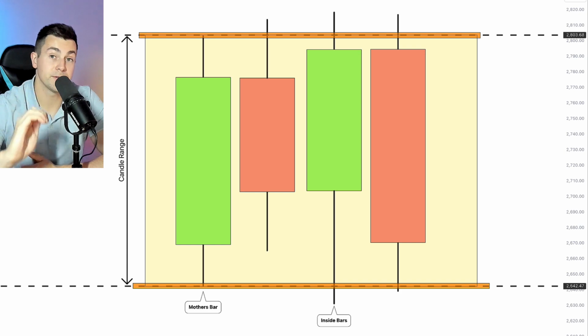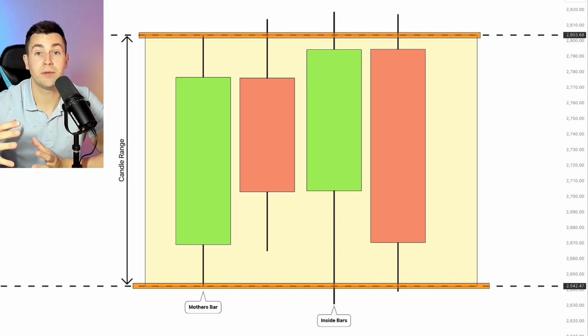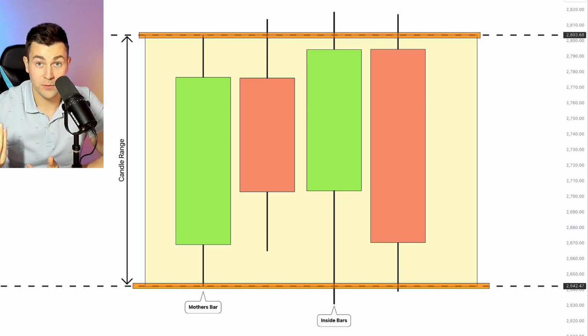Remember that the market cannot stay within the range of the inside bar candlestick pattern formation forever. As we discussed earlier, the inside bar formation signifies the local equilibrium and the balance between supply and demand. However, at some moment, some news, some events will occur and it will create a new imbalance on the market, and the imbalance will violate the range of the Mother's bar.